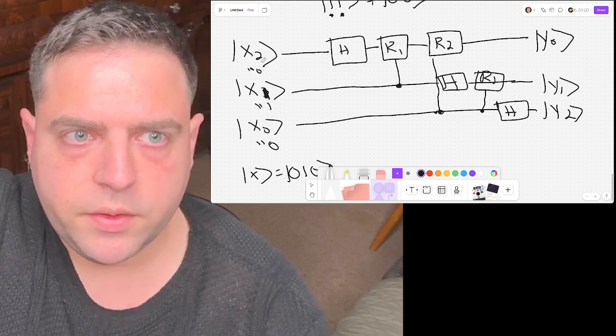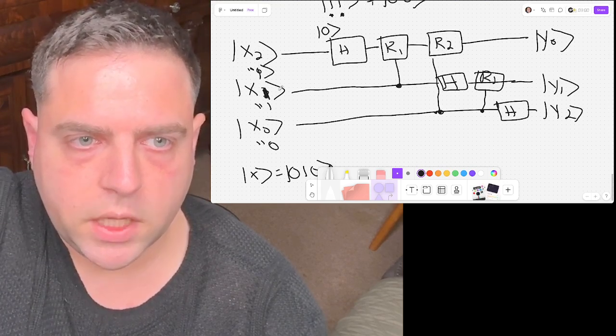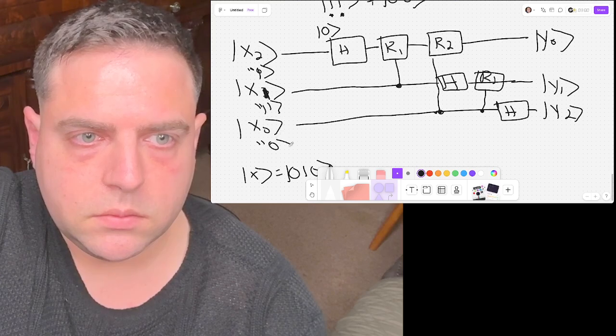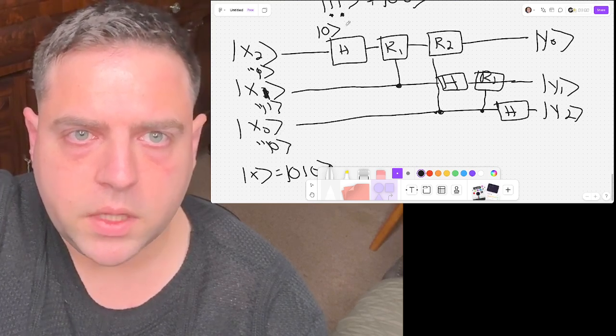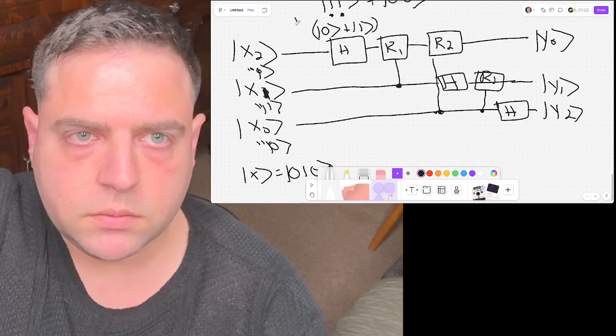So after hitting the Hadamard gate, 0 turns into 0 plus 1, this superposition.